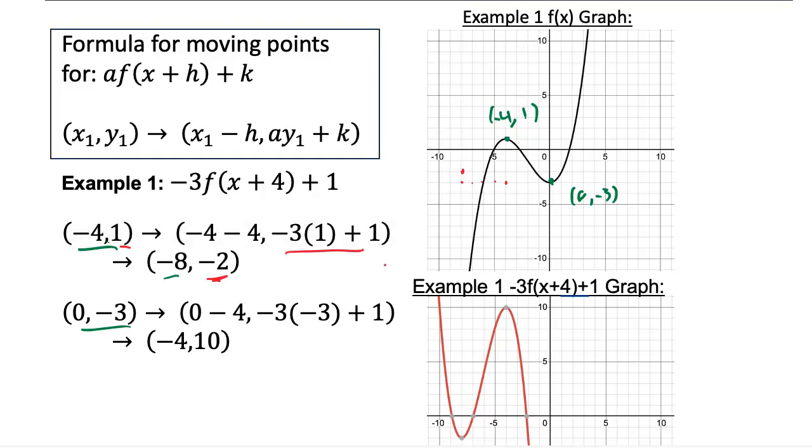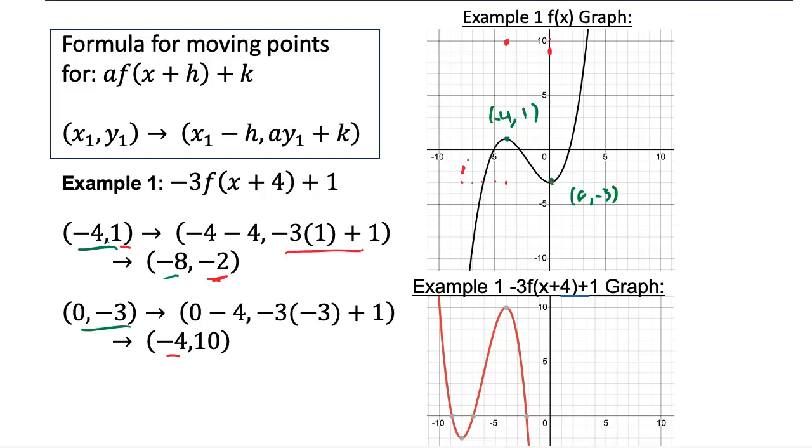It just shows mathematically how it happens. 0 minus 4 is negative 4. Then negative 3 times negative 3. Again, that's taking this point, and you're going to stretch it by negative 3. So it flips up to positive 9. And then you move up 1 more, and I move 4 to the left. So it ends up right here. Okay, so these are the two new points.